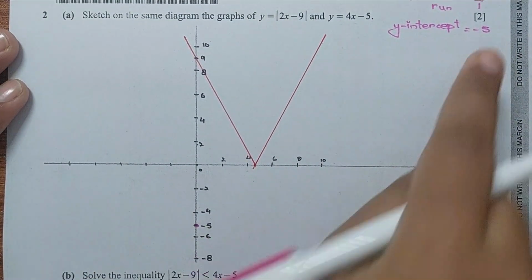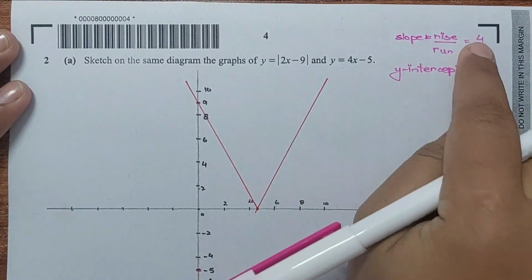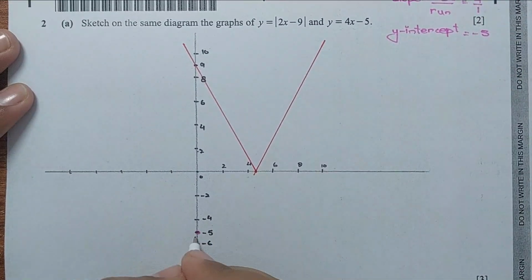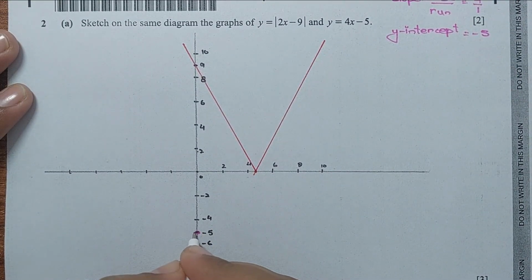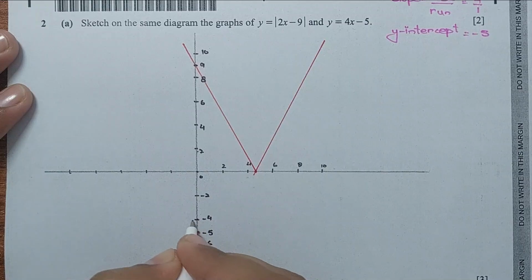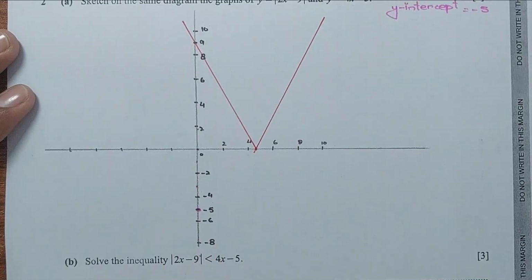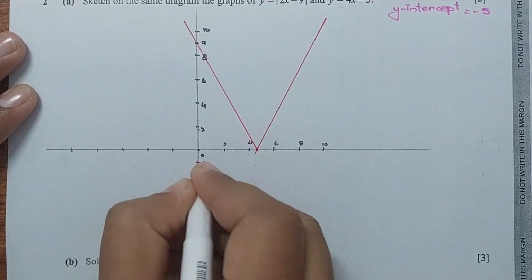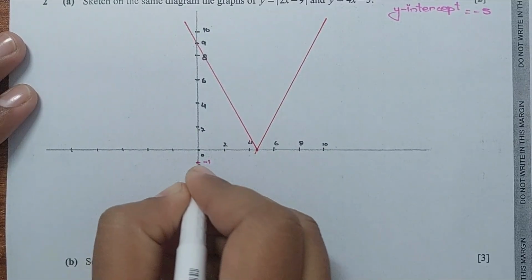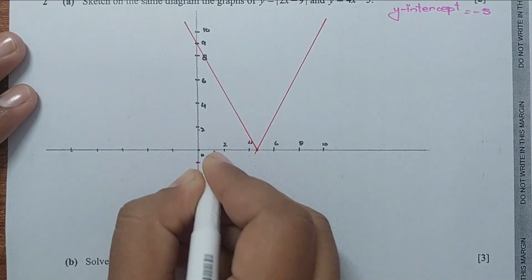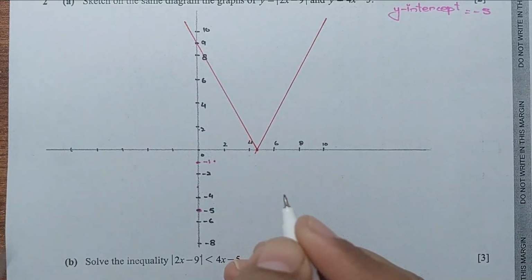So from -5, you have to rise 4 units up. 1 unit, 2 units, 3 units, and then 4 units. So from -5, 4 units up puts you at -1, and run 1 unit to the right.